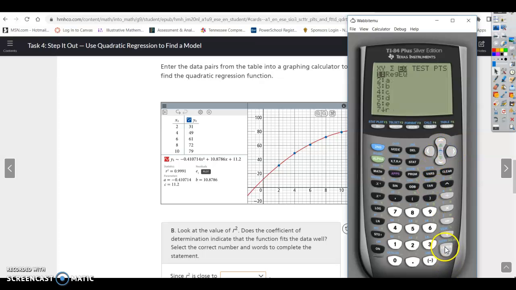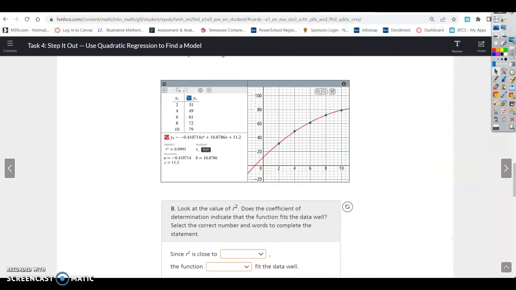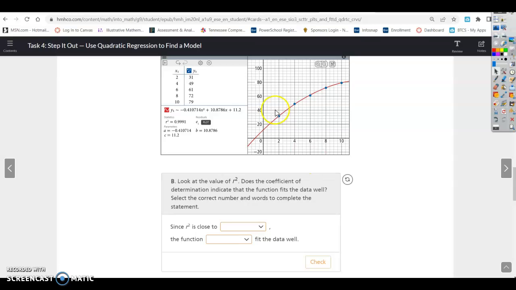And that's what copies it over into that equation for you. All right, so once you have that information, they show you here that they've entered the points, they show you the equation, and they're showing you the R2 of 0.999. It looks like they have a little bit different calculator, but it's going to be the same process.